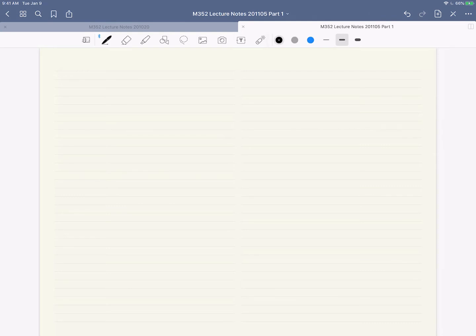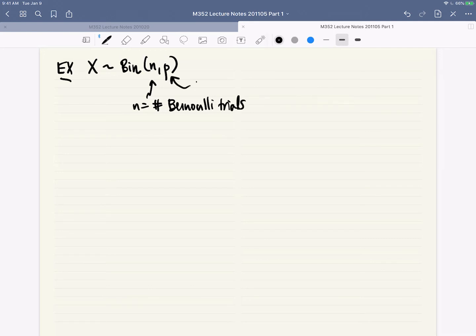Another place where we see proportions is when we have a random variable that's distributed as a binomial random variable. Remember, n is the number of Bernoulli trials, and p is the probability a trial ends in a success.